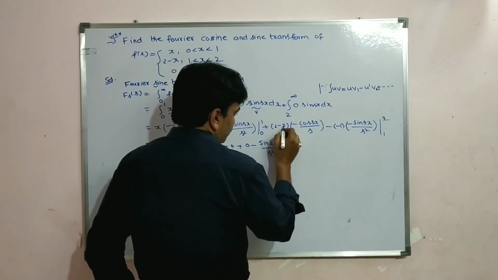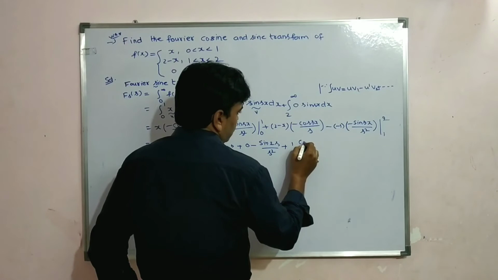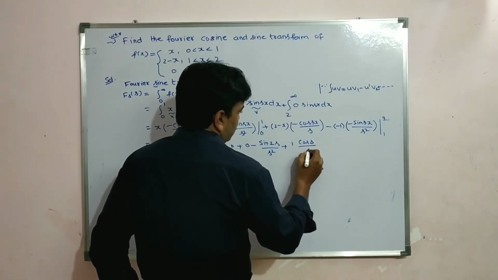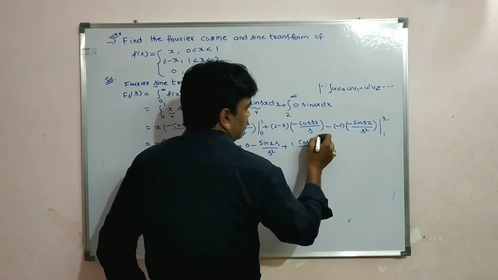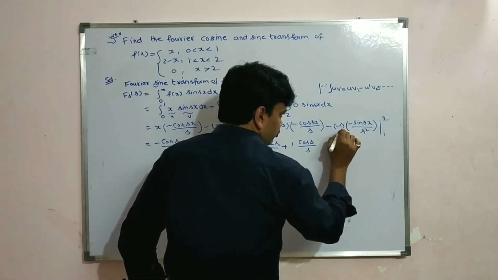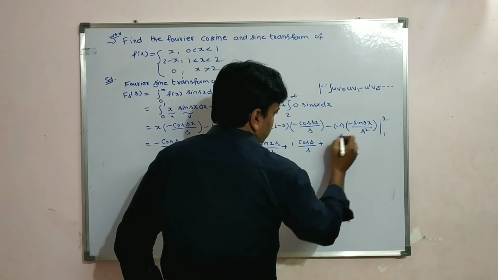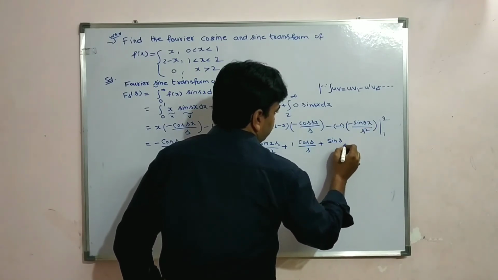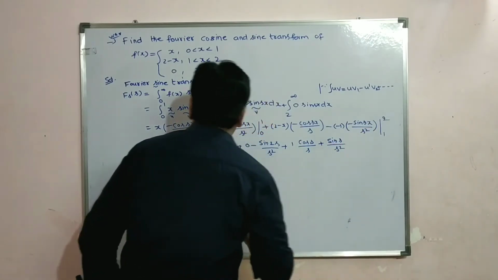lower limit, minus and minus plus, students, 2 minus 1 is 1, so cos s by s. Here we are substituting the lower limit, so plus sin s by s square, students.